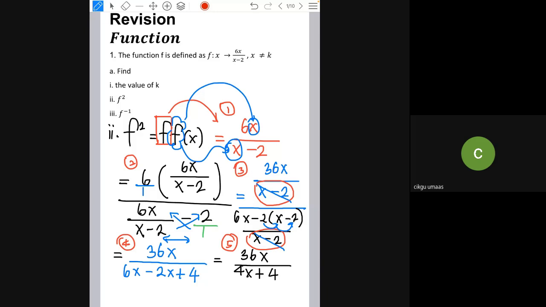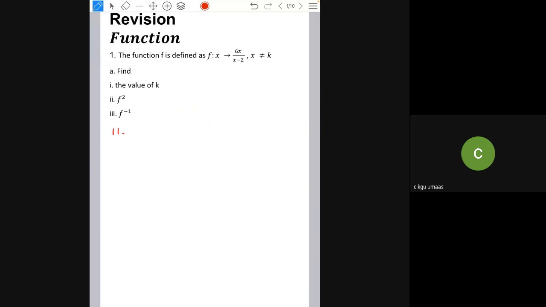Okay, now I'm going to erase this off. Okay, stop me. Any problem? No, no, why? I need to simplify. So I'm going to simplify this. I'm still on Roman 2. You see, we already got the answer for this as 36x over 4x plus 4.